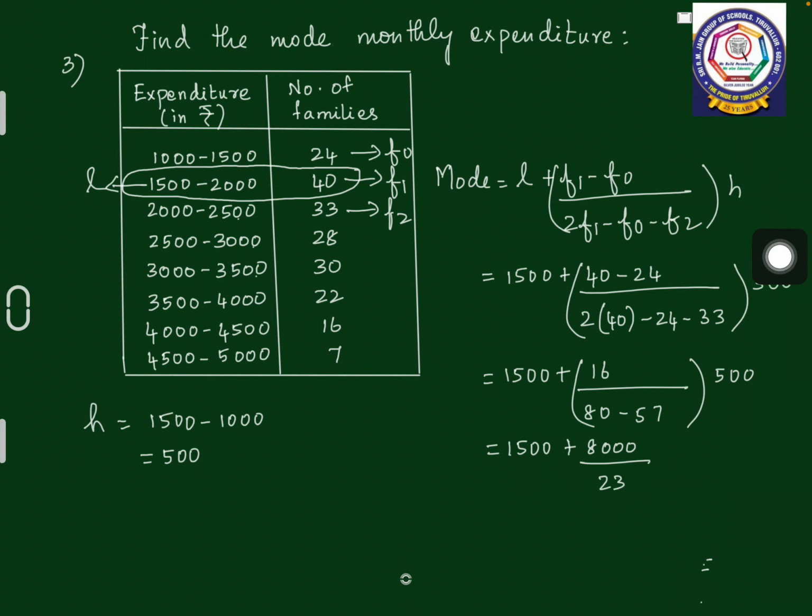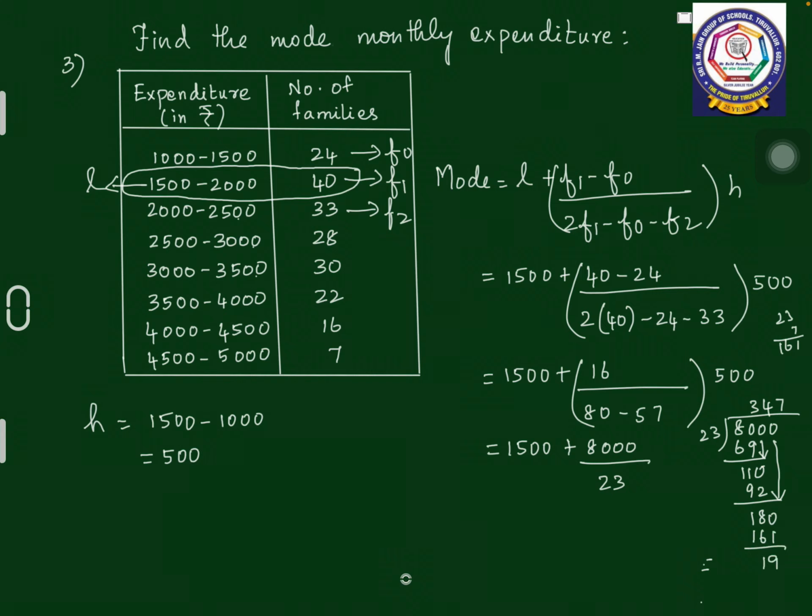Let us divide 8000 by 23. 23 threes are 69. 23 fives are 115. 23 fours are 92. So I get 18. I bring one more 0 down. 23 sevens are 161. 23 eights are 184. So I get 19. I keep the decimal point, add a 0 and try again. 23 eights are 184.